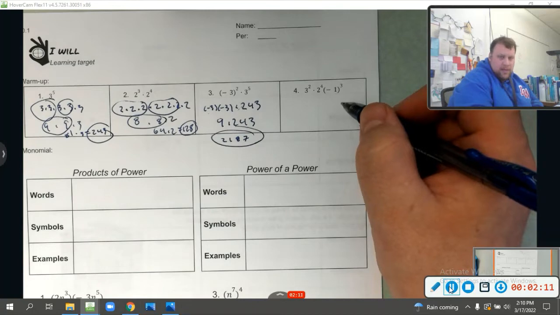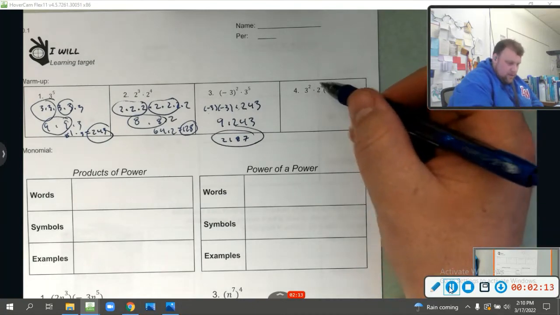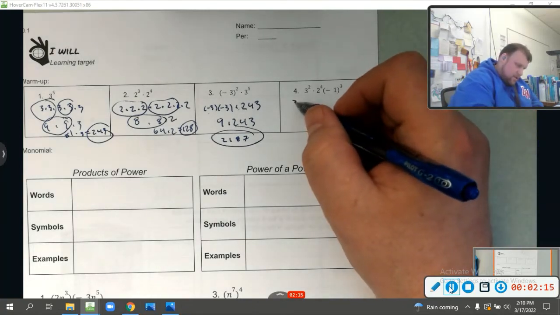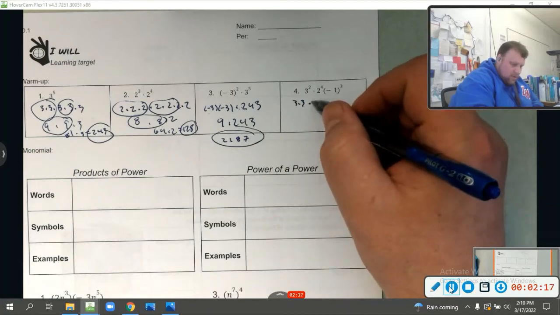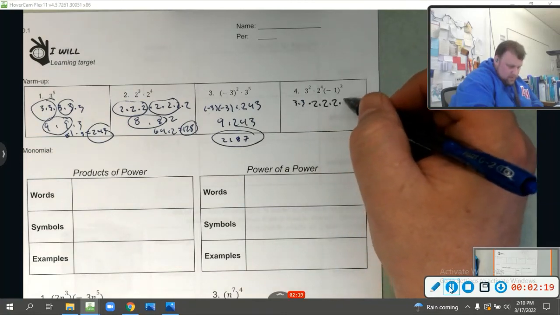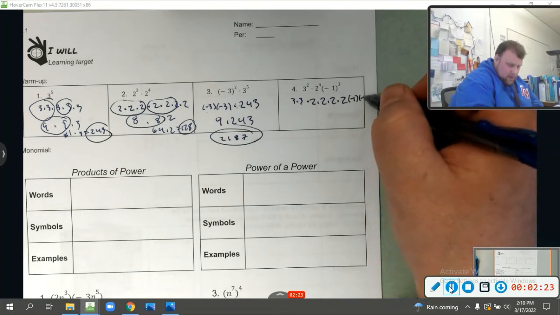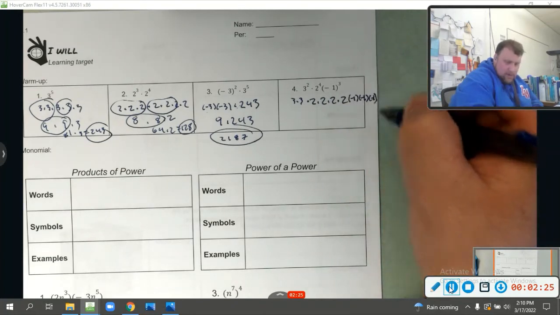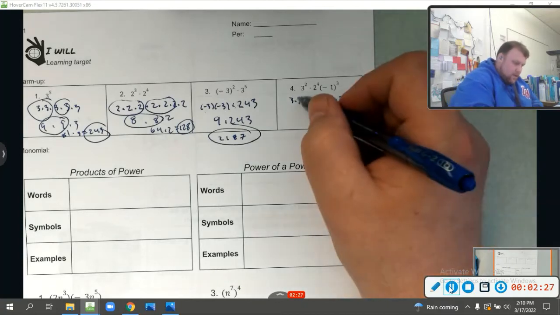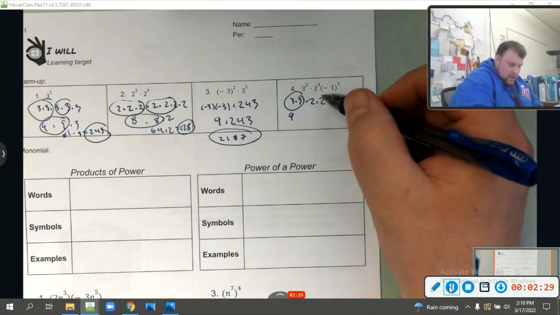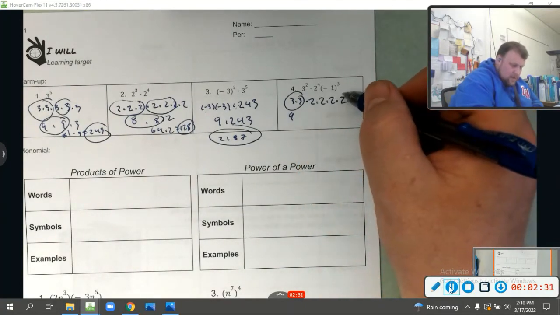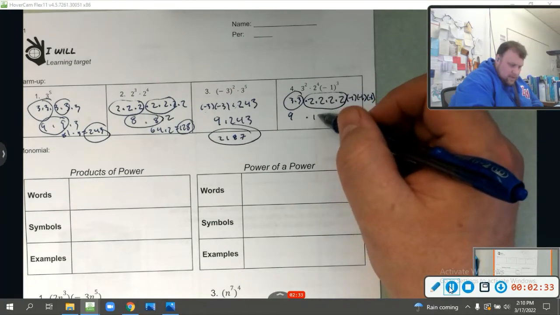And last but not least, we have 3 squared, which is just 3 times 3, times 2 to the 4th, and then times negative 1, negative 1, negative 1. Almost ran out of room. So this is just 9. I know 3 2's is 8, times 2 is 16, so those are 16 times 16.